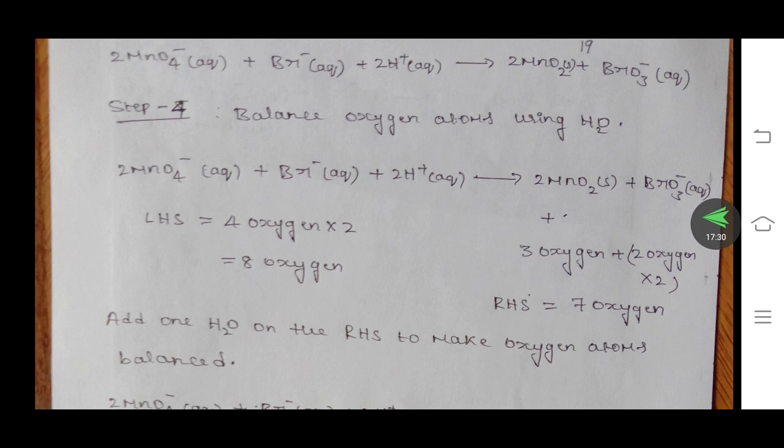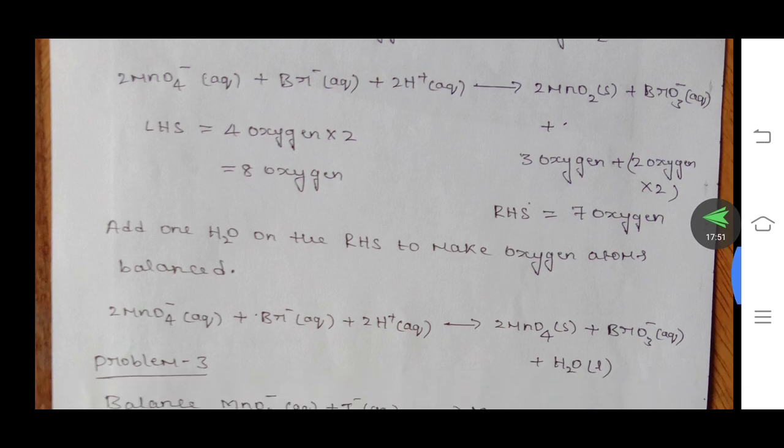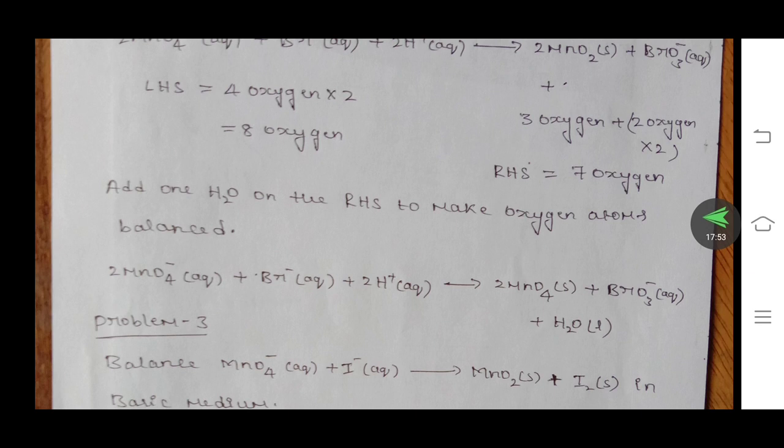On the right hand side you check: 2 into 2, 4 oxygen, plus 3 oxygen in BrO3 minus, so a total of 7 oxygen. So 8 oxygen on the left hand side and 7 oxygen on the right hand side. So the left hand side has 1 oxygen extra, and the right hand side has 1 oxygen less.